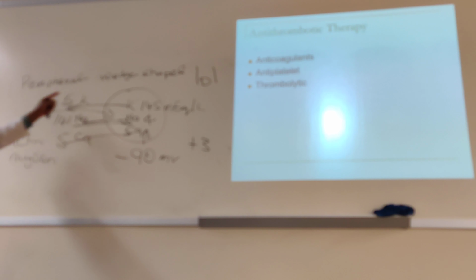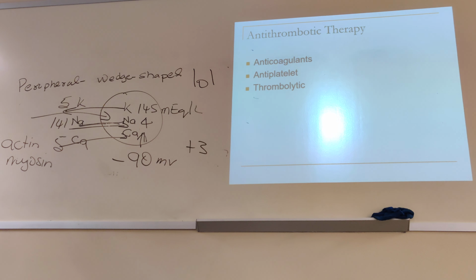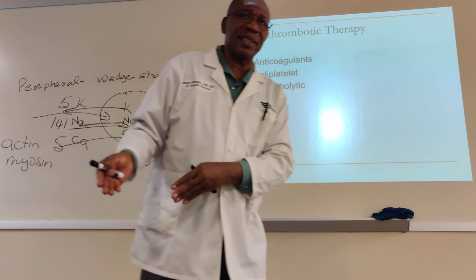Well, peripheral wedge-shaped infiltrate will be pulmonary embolism, right? Yeah, pulmonary embolism. You have to be able to associate X-ray characteristics with the disease process.